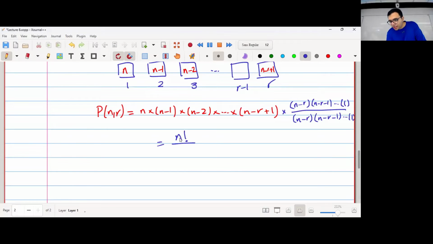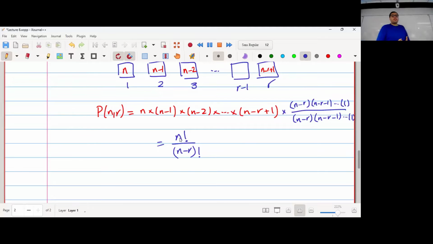And down here, I have the product of all the numbers from n minus r to 1. So this is just going to be n minus r factorial. Okay. So we got a very simple formula for this. P of n, r, the number of permutations of r items from n items, is just n factorial over n minus r factorial.